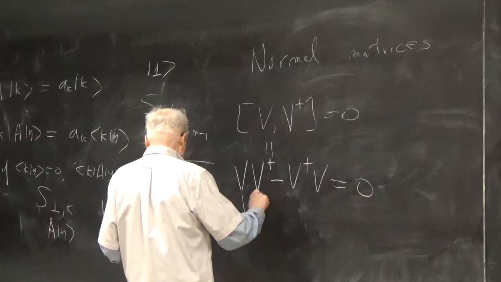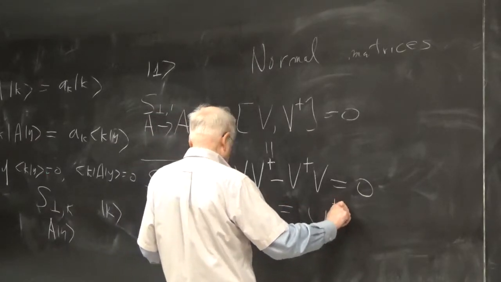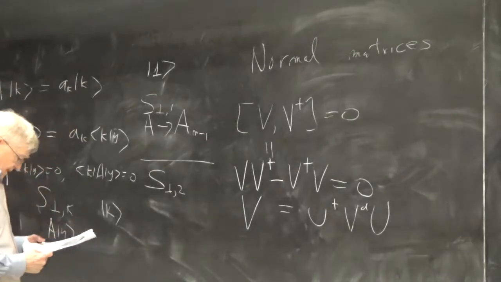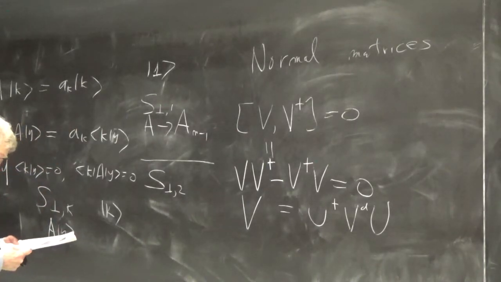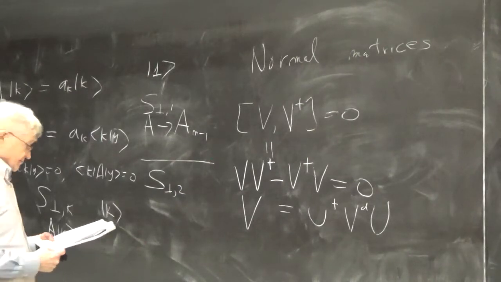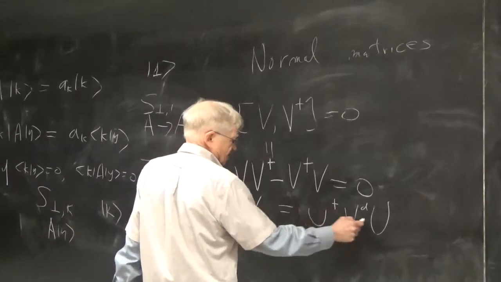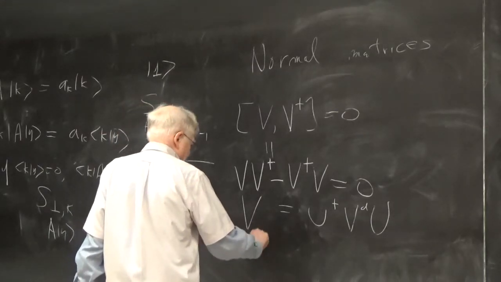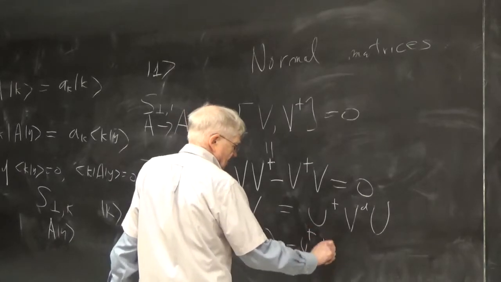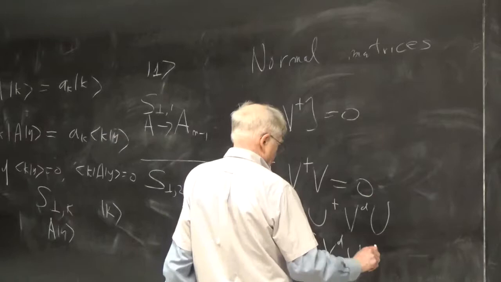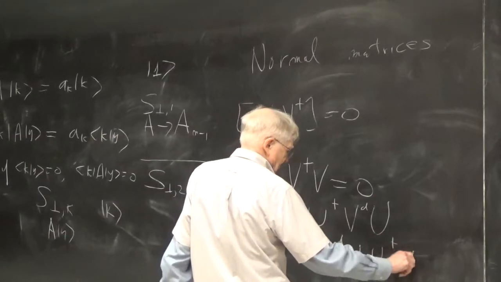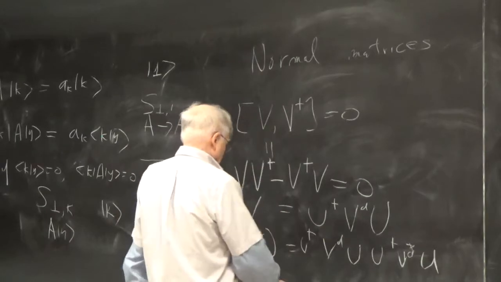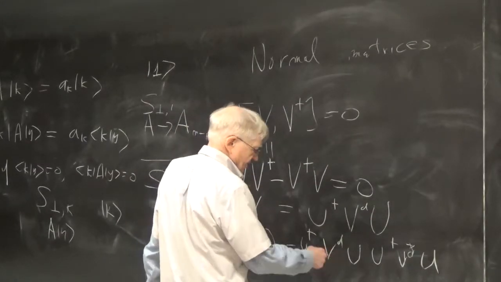Now, a matrix V that's normal can be diagonalized by a unitary transformation, or rather I should say, if a matrix can be diagonalized by a unitary transformation, then it's automatically normal, because when you compute V dagger, what you get is U dagger V diagonal U times the adjoint of that, which is U dagger V diagonal complex conjugate U. And then you do that minus the thing in the opposite direction.